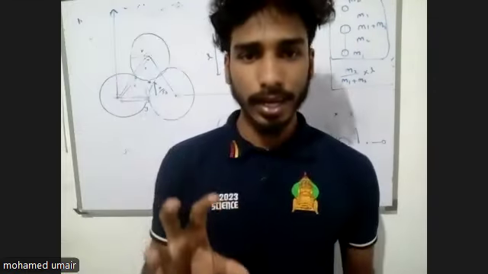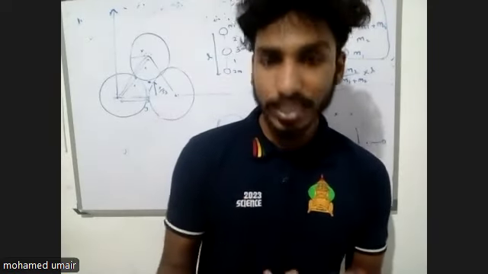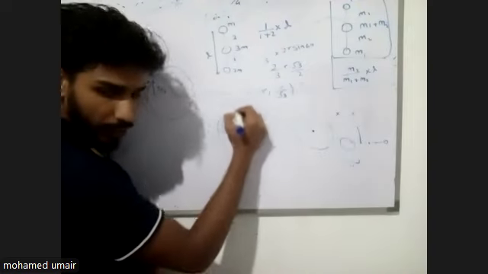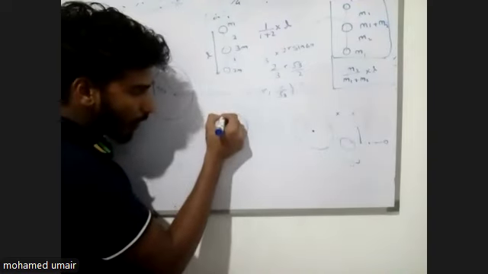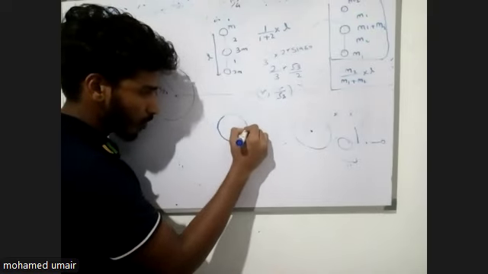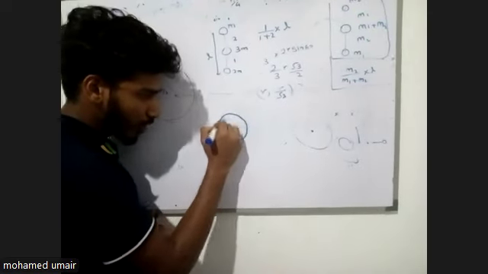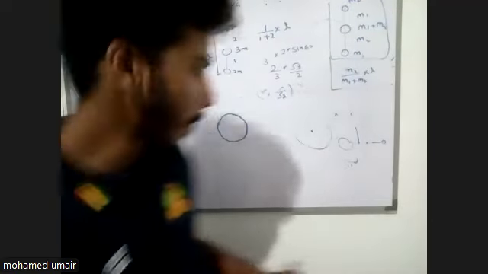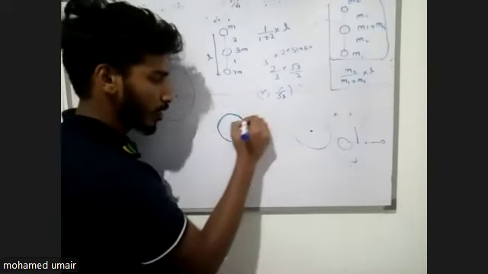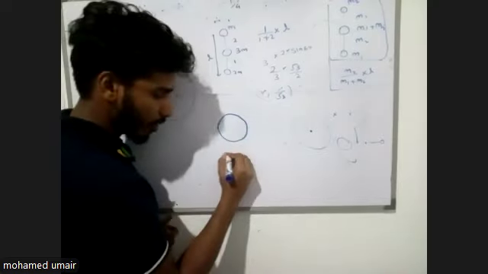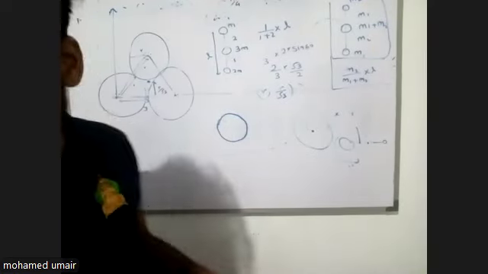So we should get an idea how I'm going to try this question. If this is a circular ring, the mass is present only in this location. Only the mass is distributed in the circumference.